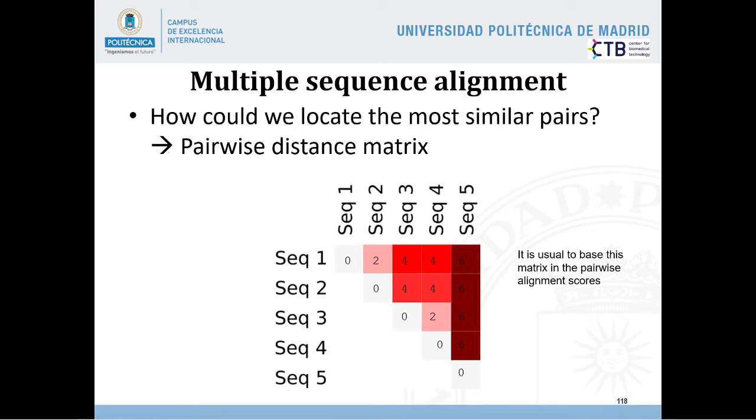Here you see that if you have, for example, 5 sequences, you build a matrix with the different sequences for the rows and the different sequences for the columns. The diagonal is 0 because we are not comparing the sequence with itself, and the rest of the numbers are the scores obtained from the single sequence alignment, the 2 by 2 pairwise alignment. We do this because it is easier to align first those sequences that are most similar.